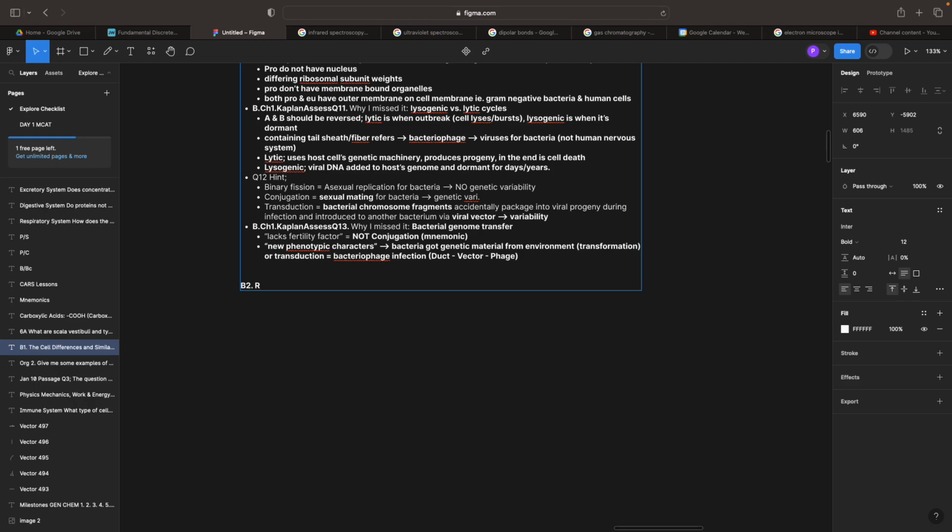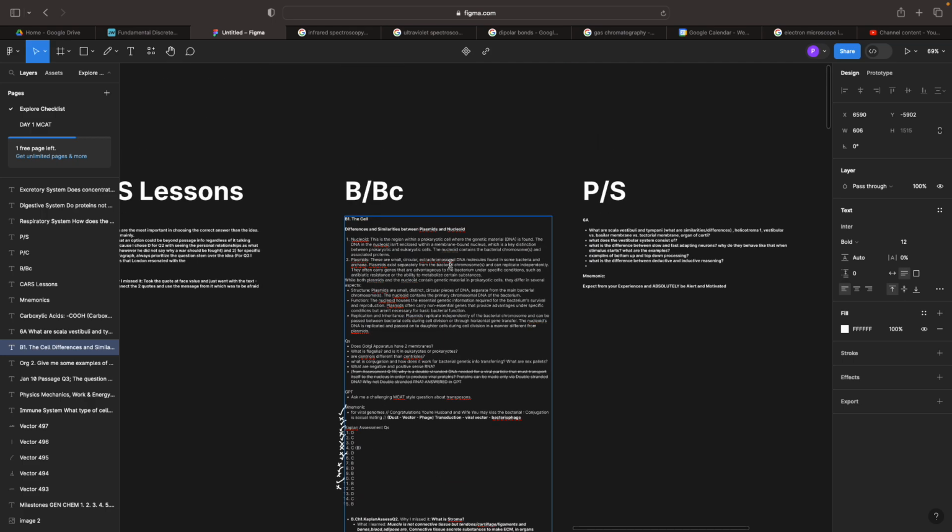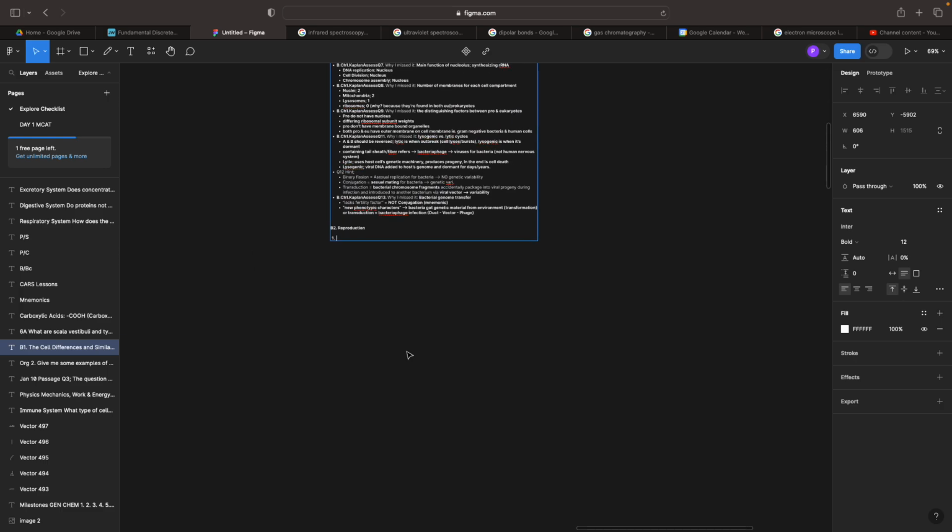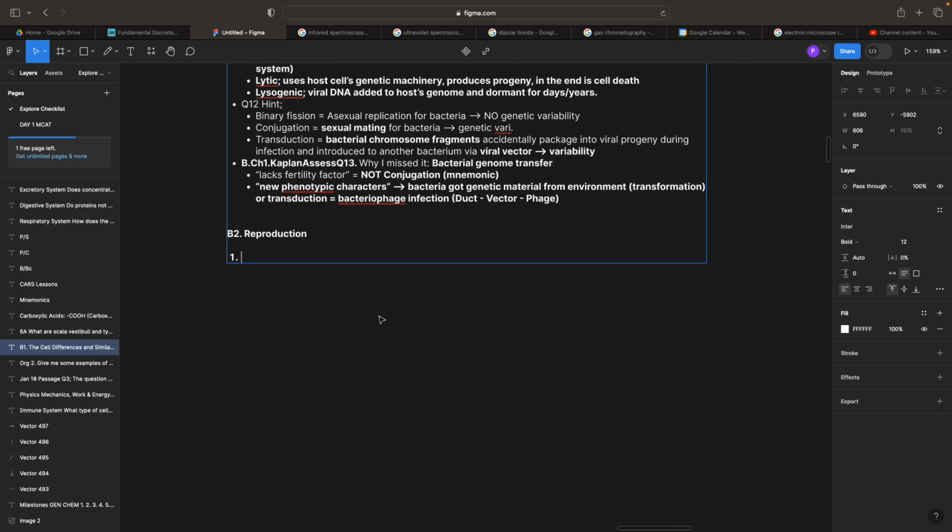It's both asexual and sexual reproduction. Now let's start with our questions we have ourselves. Stuff like this. So, questions, right? What is P53, and what does it do during the cell cycle?